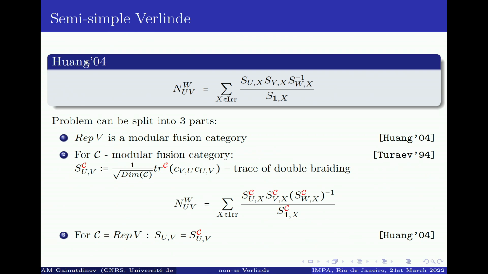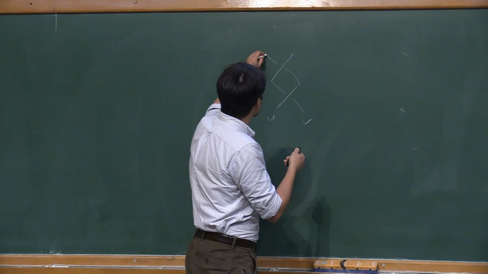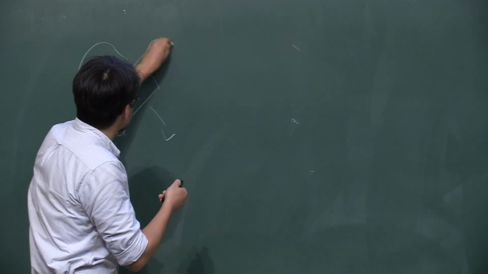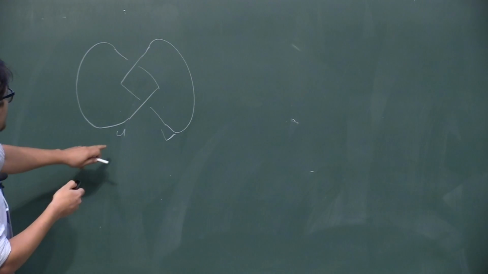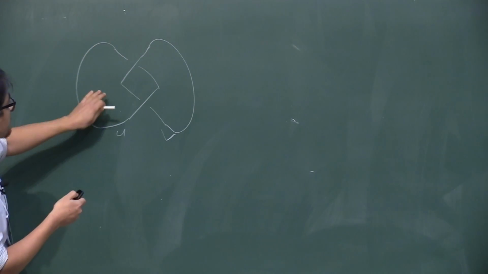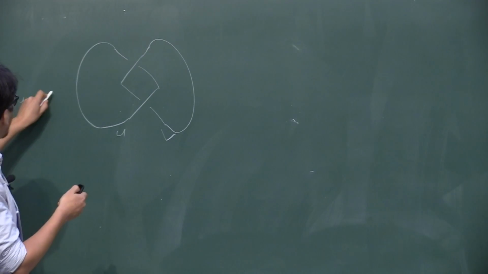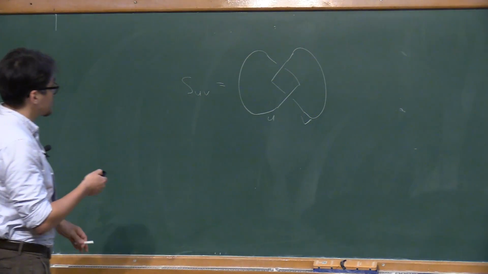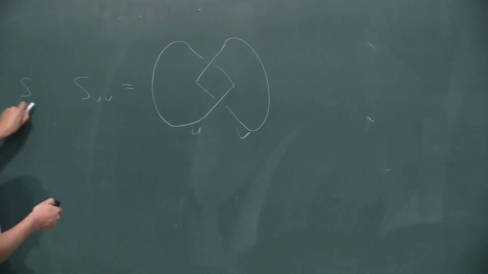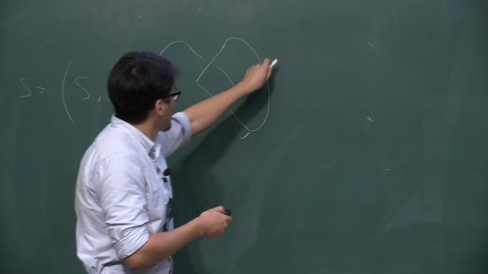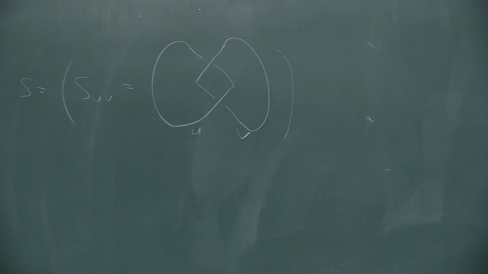C is a braiding, so I braid my irreducibles U and V two times, and then I take a trace, which means I just close the thing. This is a categorical trace, right? This gives me a morphism in the category from 1 to 1, so it gives me a number. This is S_UV, and we run over isoclasses of irreducibles, so this gives me a matrix. In a modular fusion category, this matrix has to be non-degenerate, right?